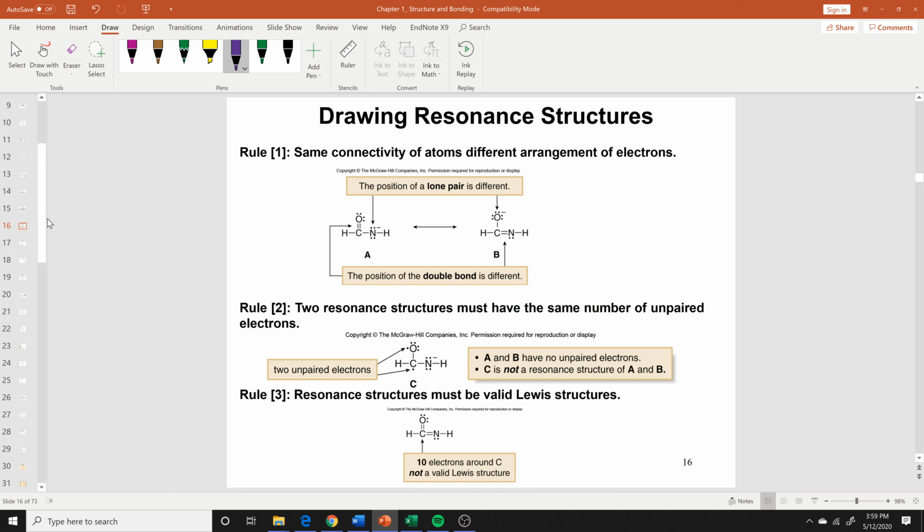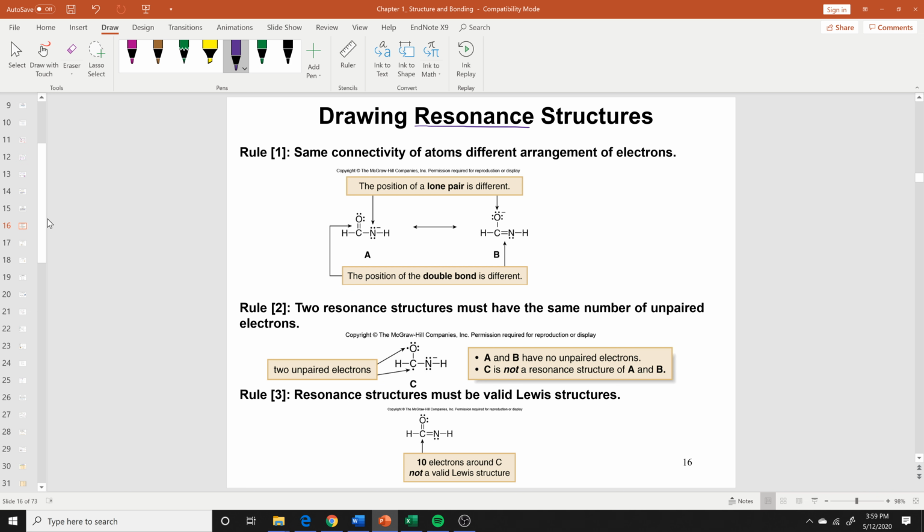Let's start with the conditions to draw resonance. First of all, as I mentioned, resonance structures are Lewis structures. They are just showing the same connectivity of atoms, different arrangement of electrons.